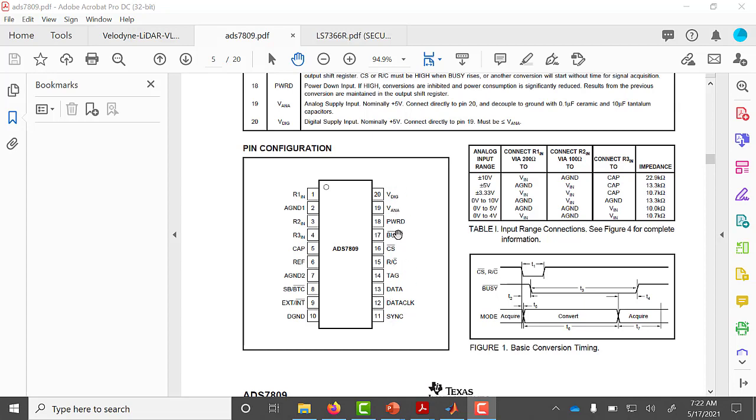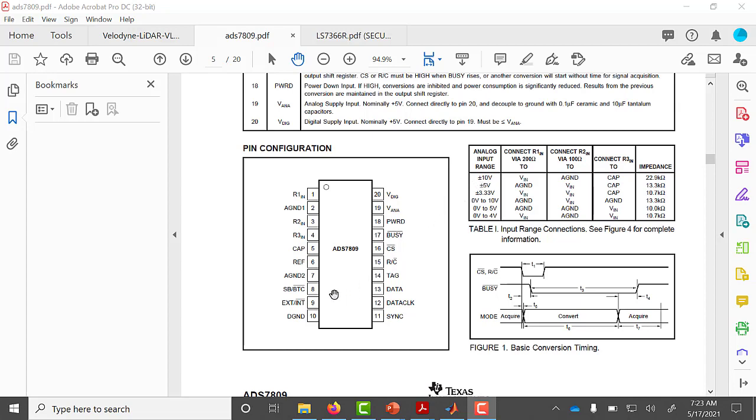You would give power to the chip using these pins and the analog grounds. If it were unipolar, you might go 0 to 10 volts, and this tells you how to connect to R1 in and R2 in. And then bipolar would be plus or minus 10 volts.